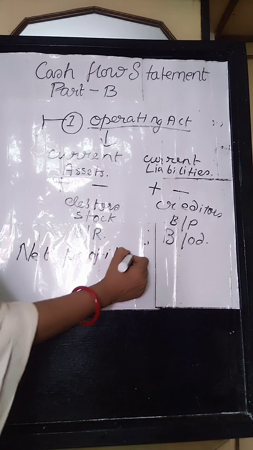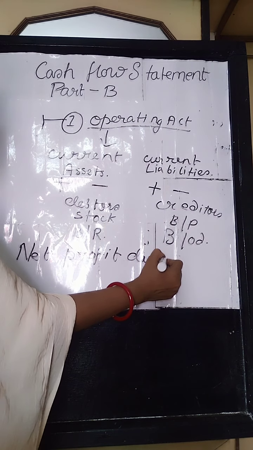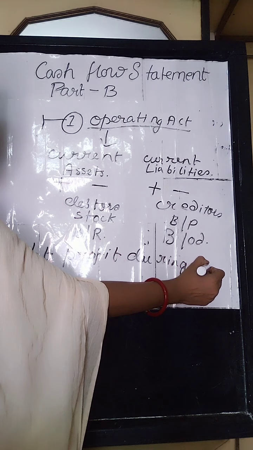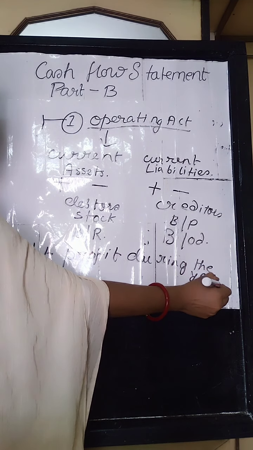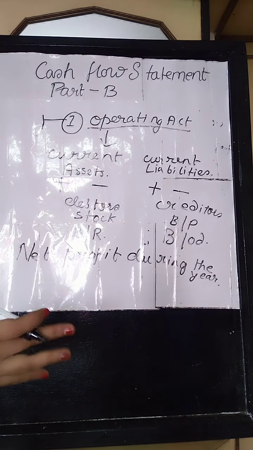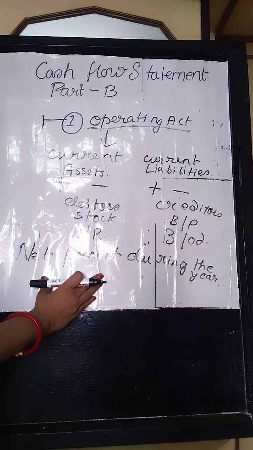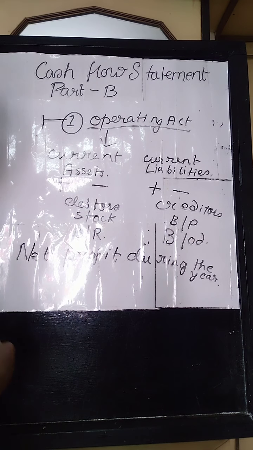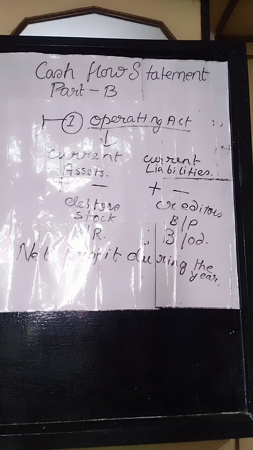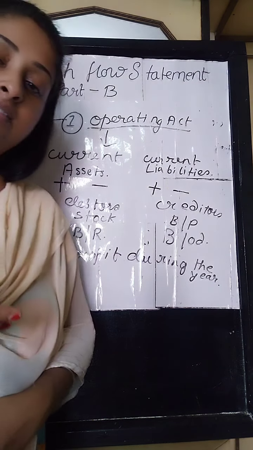In a cash flow sum, we always do the add-back calculation with the net profit of the firm during the year. The net profit should be ascertained first, and all the calculation of current assets and current liabilities will be done over this net profit. This is the main thing of the cash flow statement.